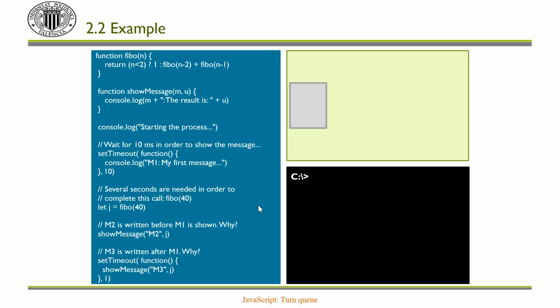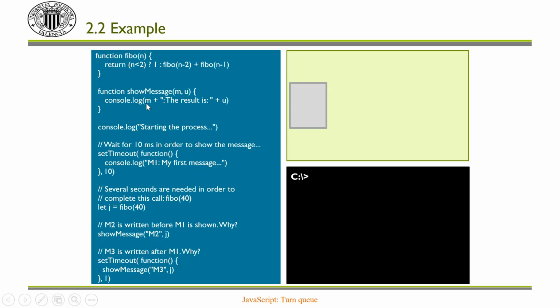So, let's consider the following example. We have here on the left a short JavaScript program. It defines the recursive Fibonacci function. It uses a showMessage function that shows a message on a screen using two arguments.